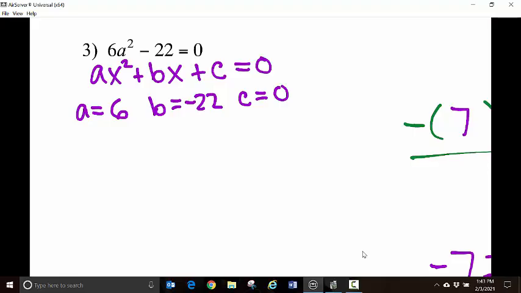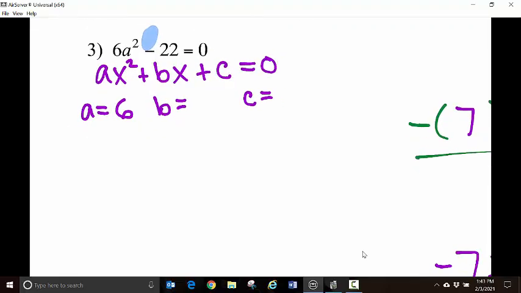No. The B goes in front of the x. Do we have any x here? So 0b, and our C is negative 22. Does that make sense where that came from?